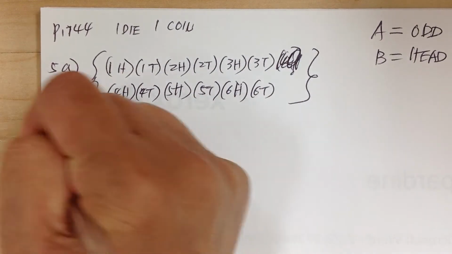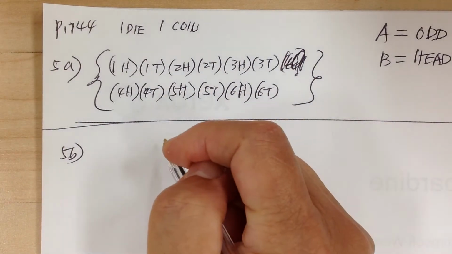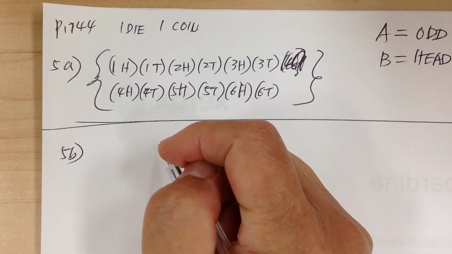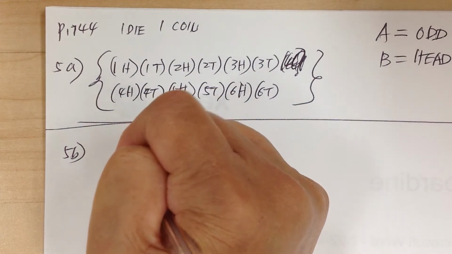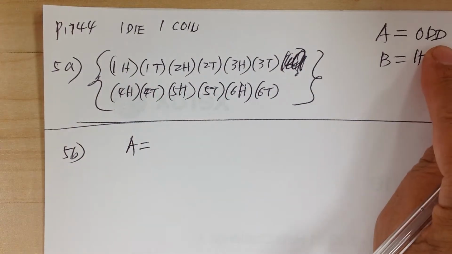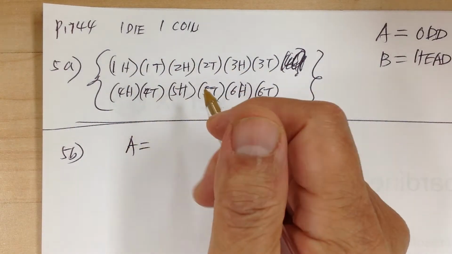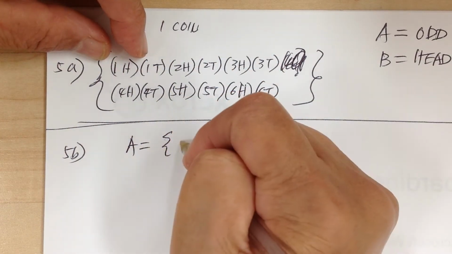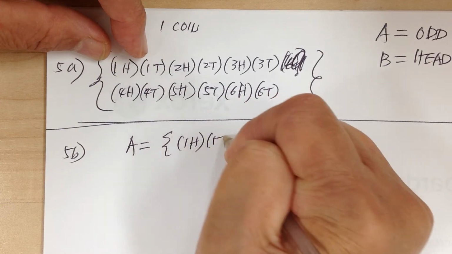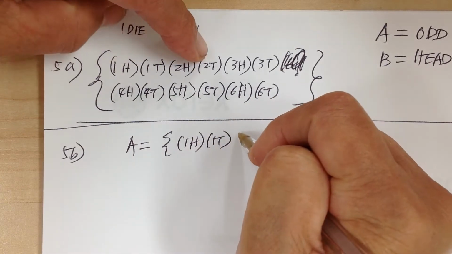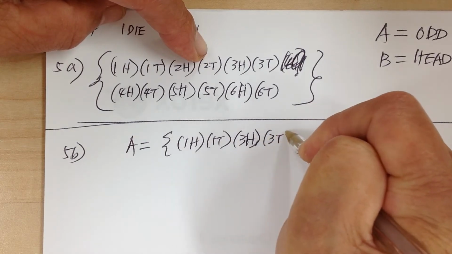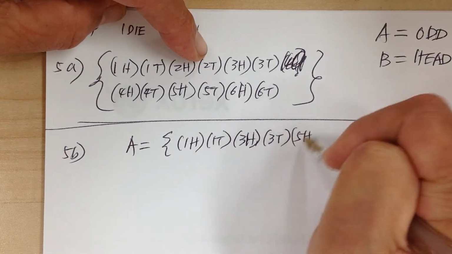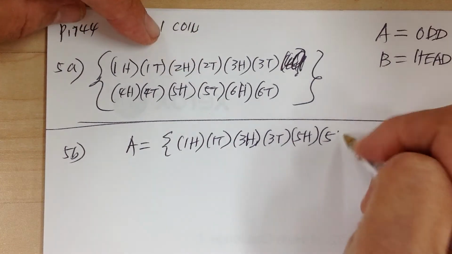For 5b, you want to specify the event in A. A is odd, so you have to get all the odd ones. So it'd be 1 head, 1 tail, 3 head, 3 tail, 5 head, 5 tail.